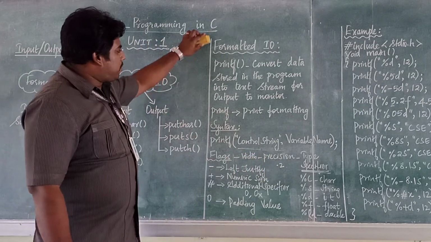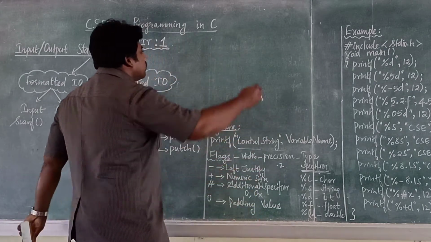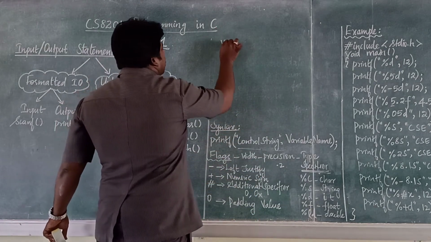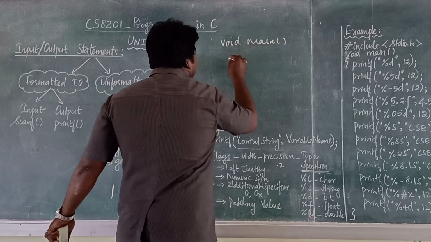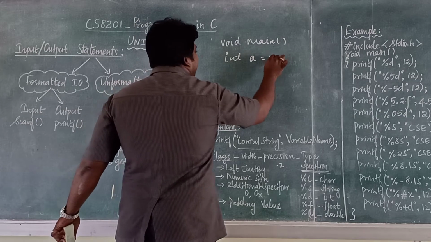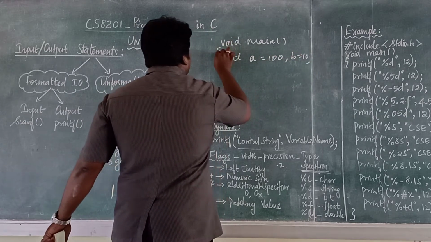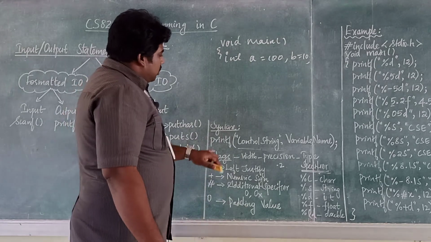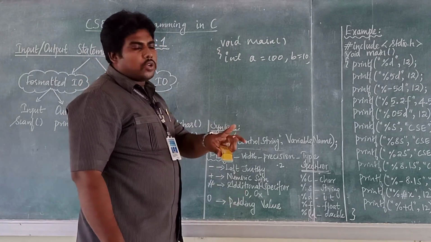For example, let me write a simple small program here: int a = 100, b = 10. Suppose I want to print these two values.